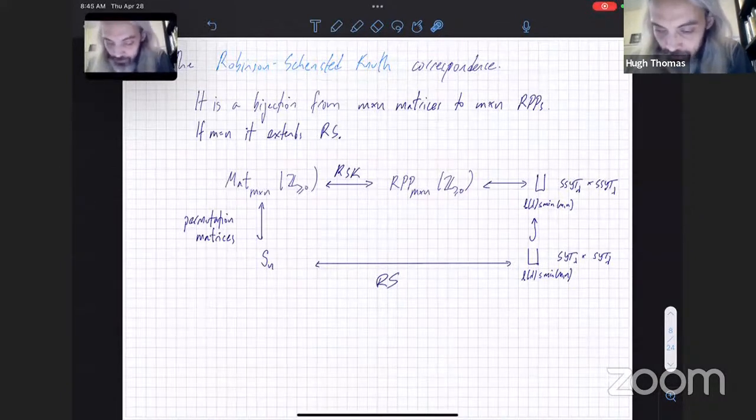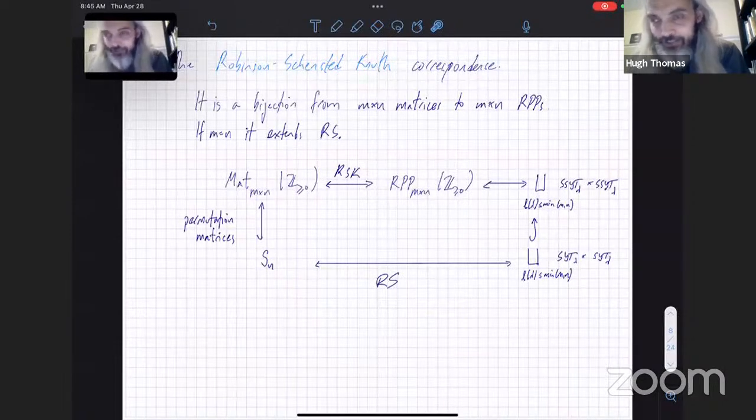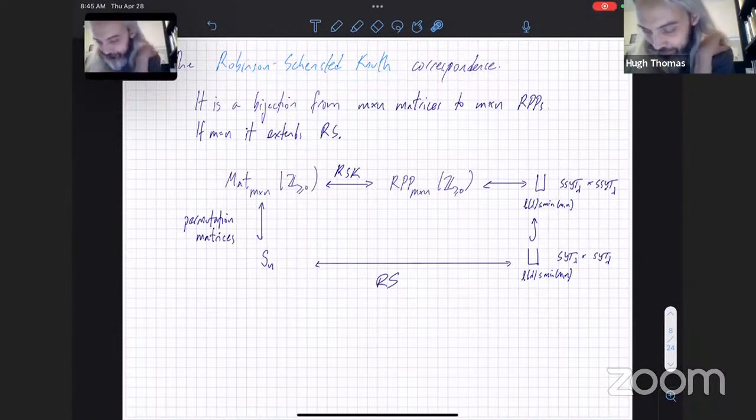And so let me explain how that works, both because it's intrinsically interesting, and also because it's a bit relevant for the other things that we're going to have to do with reverse plane partitions in the course of this talk.